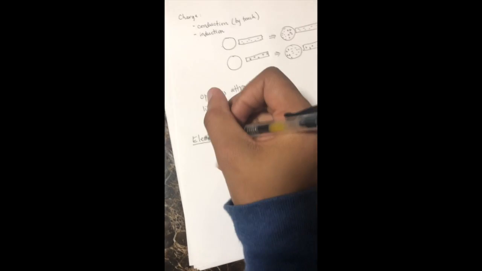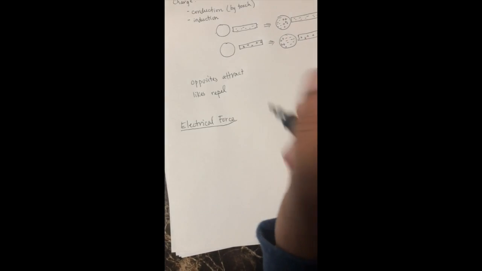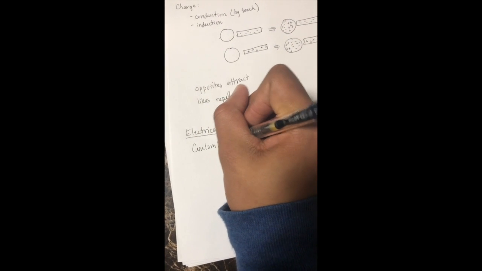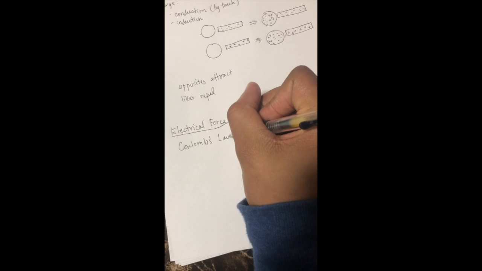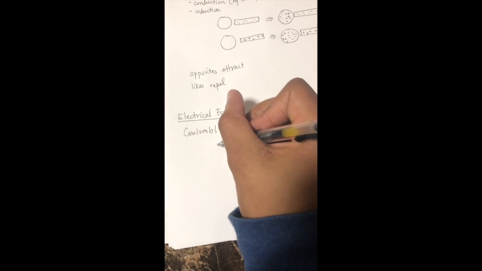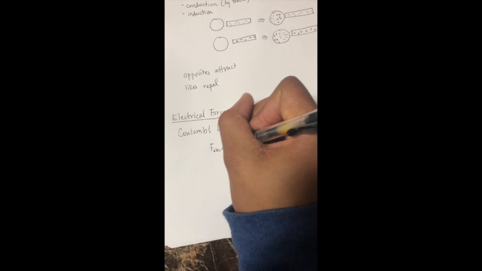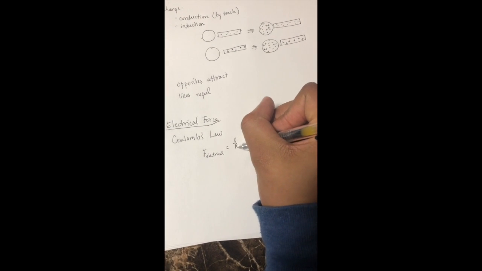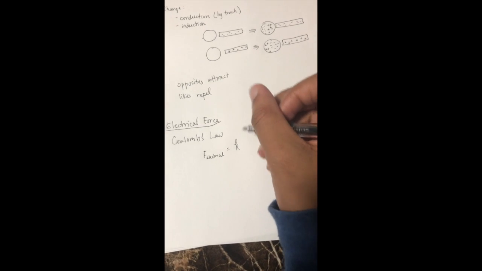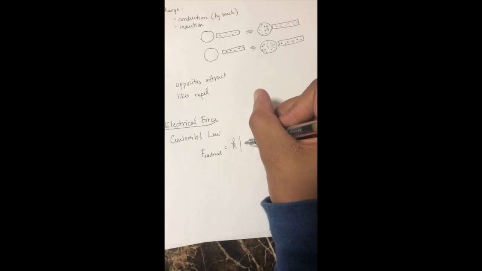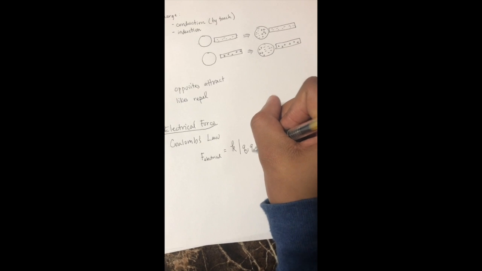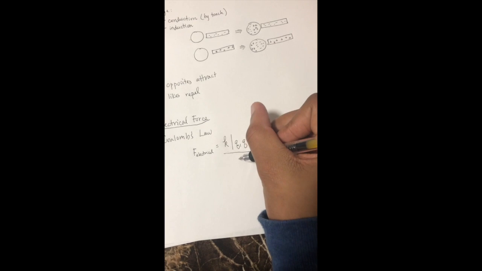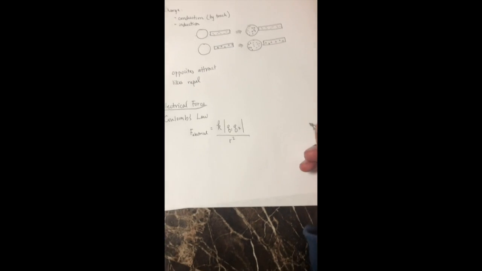And with electrical force, we learned that the equation that describes electrical force is called Coulomb's law. And what that tells me is electrical force is equal to K, which is a constant, times the absolute value of the two charges multiplied, divided by the distance squared.